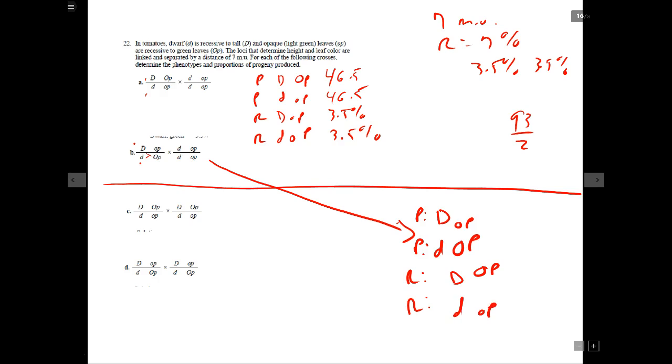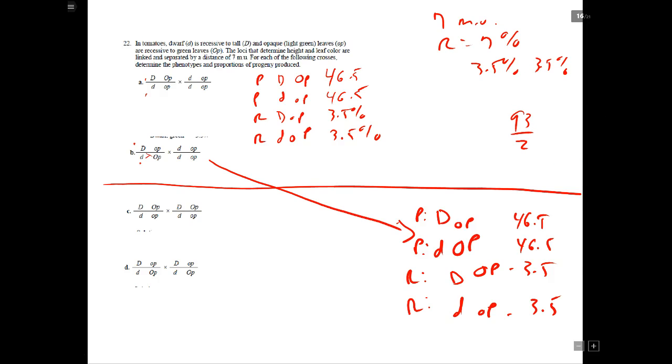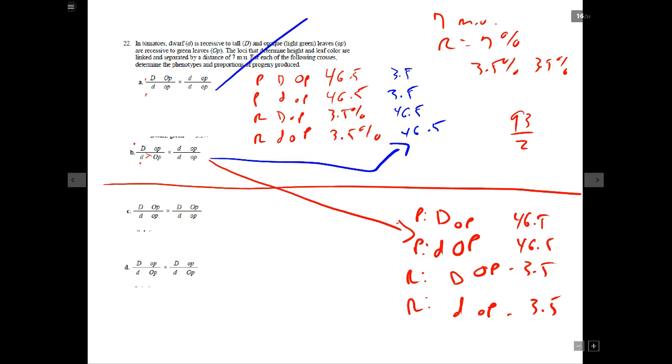These are recombinants, so there are different things that are recombinants here. So these are big and small, both of them. And so this would be 3.5, 3.5, 46.5, 46.5. Or if we wanted to put it up here to compare it directly, we would switch these. So we'd have 3.5, 3.5, 46.5, 46.5. That's what this cross would give you, and that's what this cross would give you.